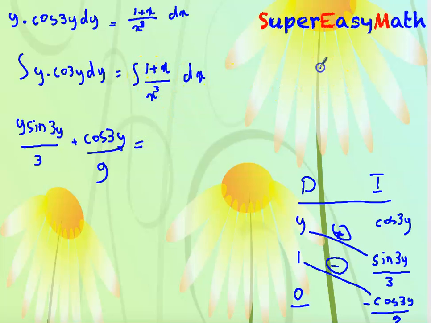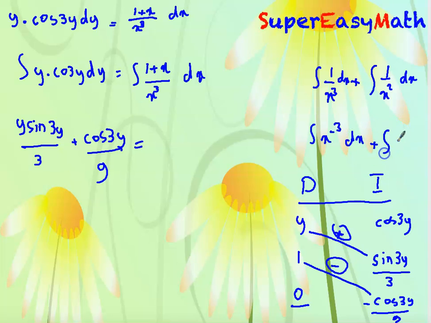1 plus x over x cubed can be written as 1 over x cubed plus x over x cubed, which is 1 over x squared, and dx both sides. This one is equal to x to the minus 3 dx, and this one x to the minus 2 dx.